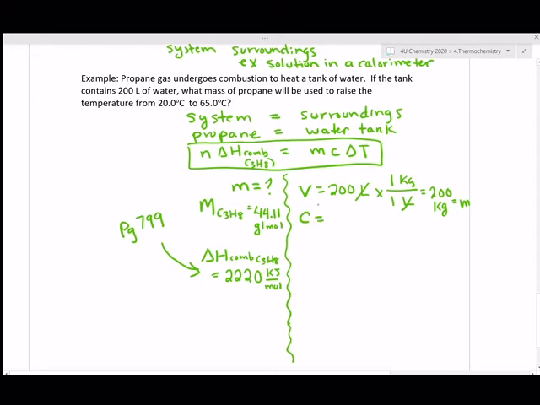Specific heat capacity of water is also on a chart somewhere in your book, but I forget which page it's on right now, but you can always look it up. It's 4.18. And the thing with specific heat capacities, which you may have noticed yesterday, is they can be in joules per gram degrees Celsius, or they can be in kilojoules per kilogram degrees Celsius.